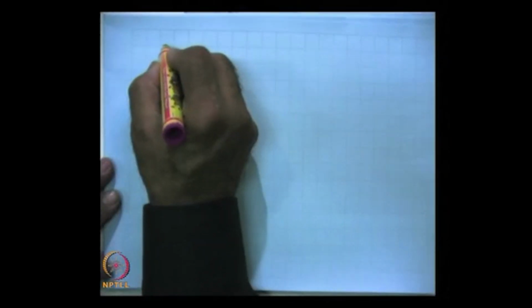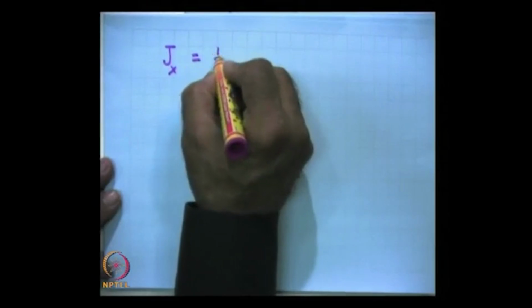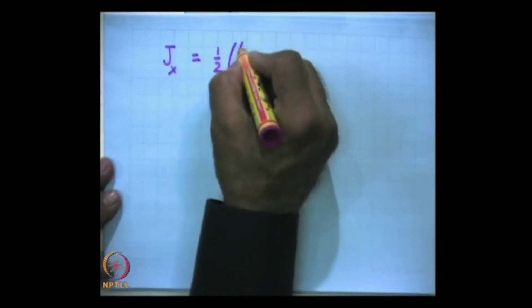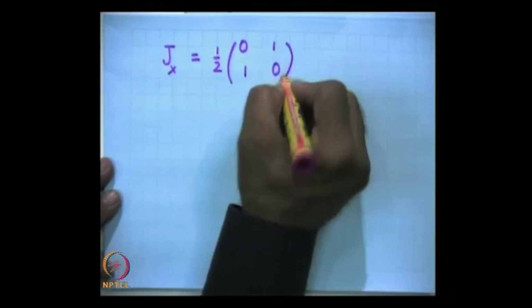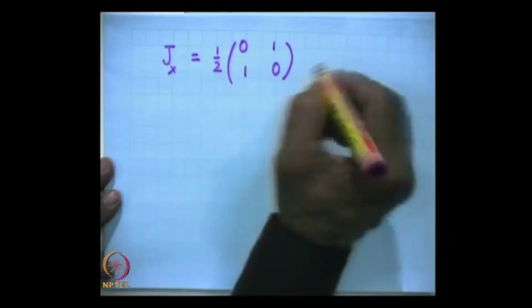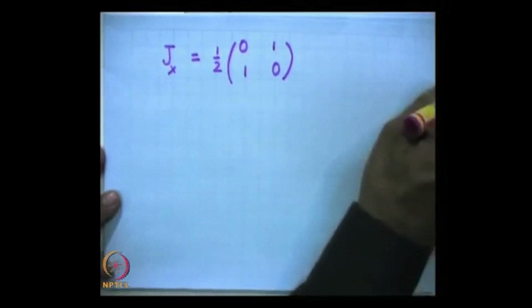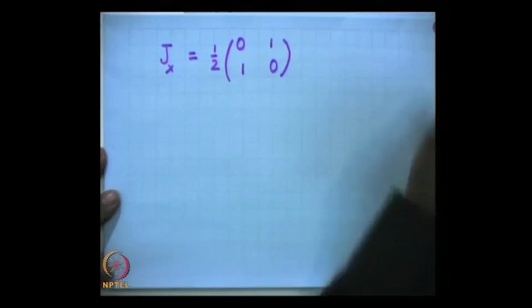So, the J_x operator is equal to half, the diagonal elements are 0 and the off-diagonal elements are 1. Actually, it is multiplied by h cross, but we are assuming h cross to be equal to 1.